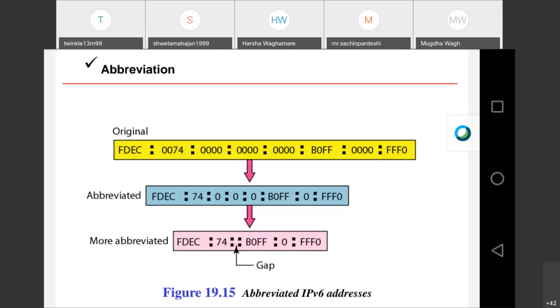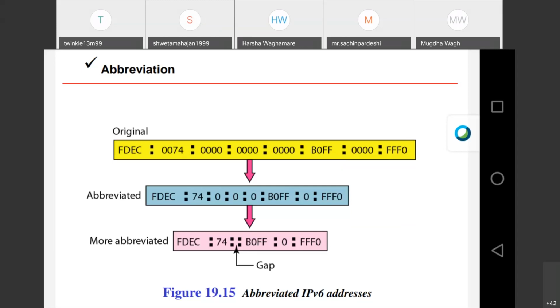Now here is one question. Suppose on the left side there are zero blocks, then a value B0FF, and on the right side there are zero blocks again. In that case, how many times can you represent a gap?